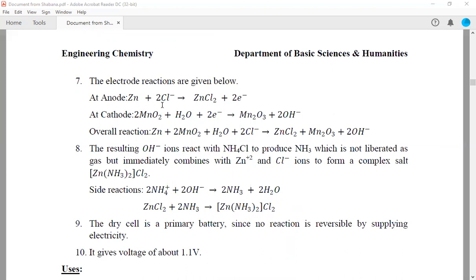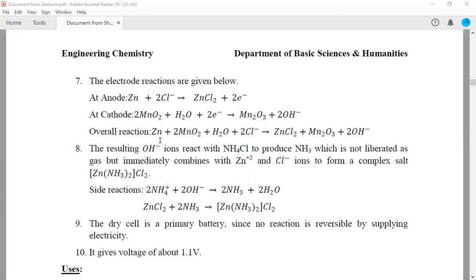It reacts with the chloride ion and is converted into zinc chloride with the loss of electrons. And those electrons come towards the cathode and react with manganese dioxide and water, and it is converted into Mn2O3 with the formation of hydroxyl ion.